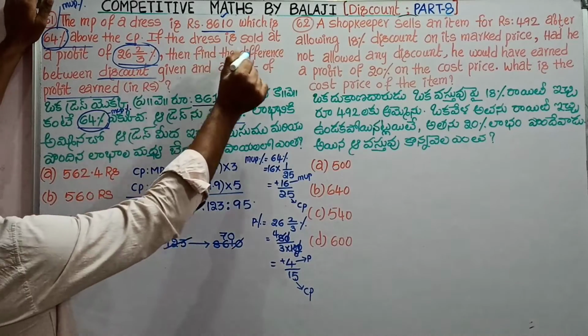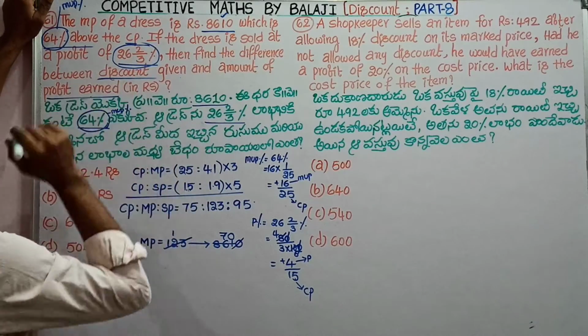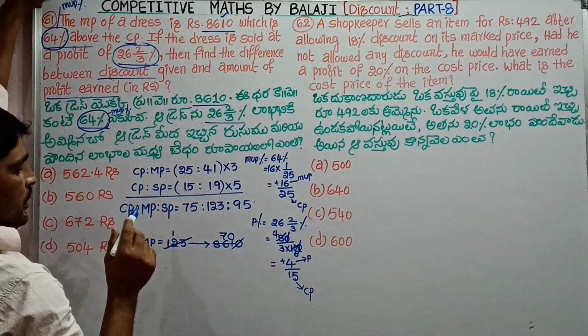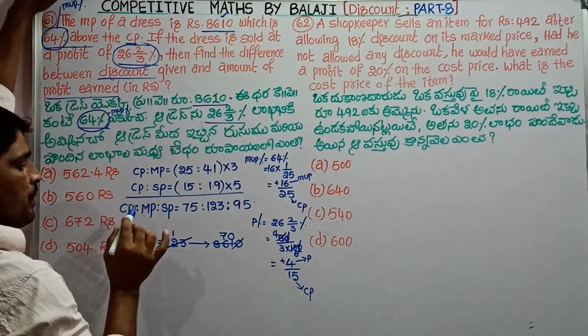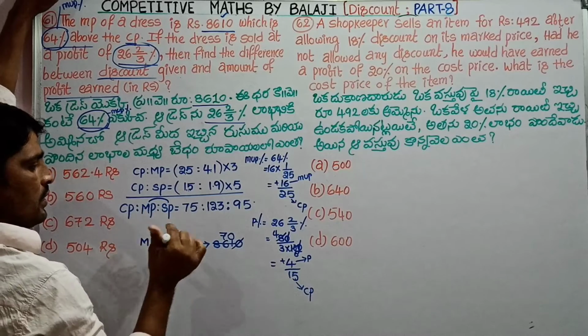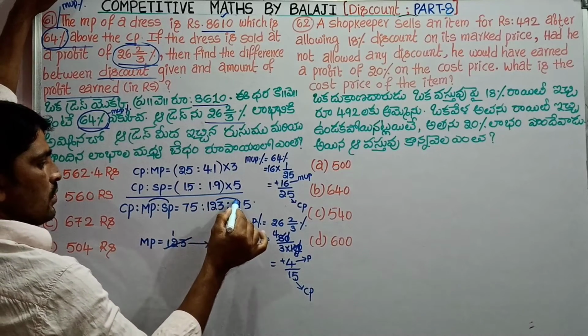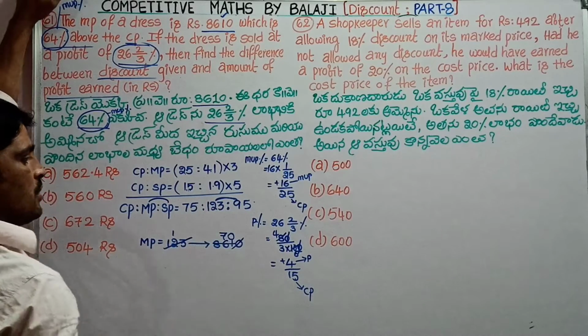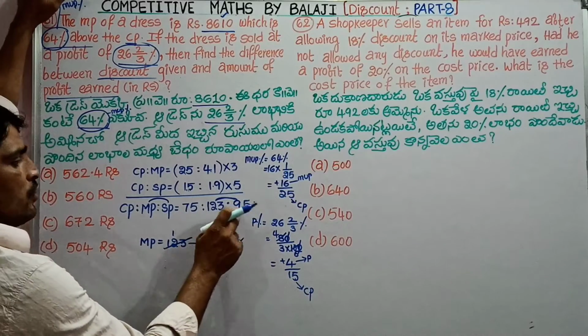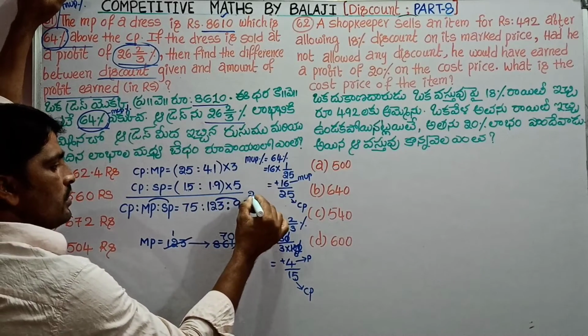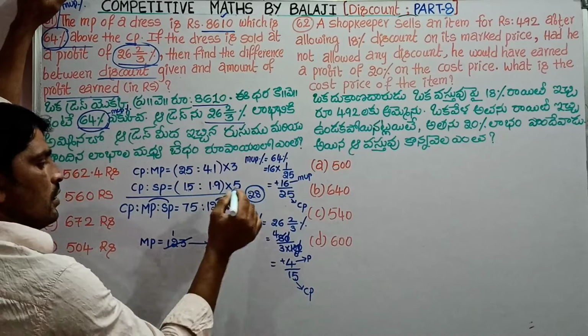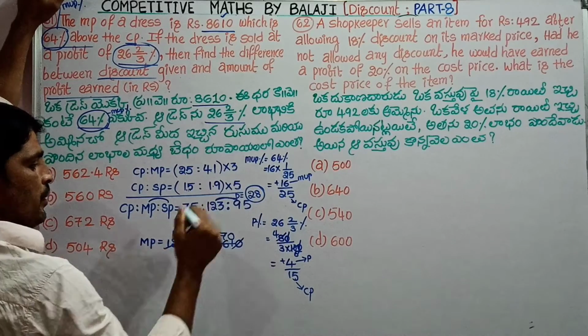But we have to find the difference between the discount and the profit earned. Discount is the difference between market price and selling price. The difference is 123 minus 95, that is 28 units. So the discount is 28 units.